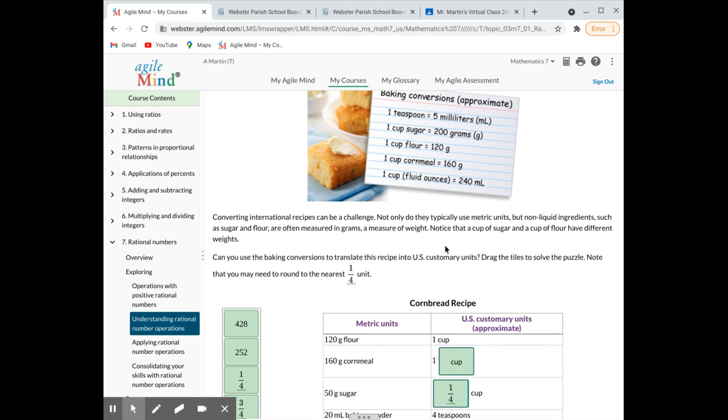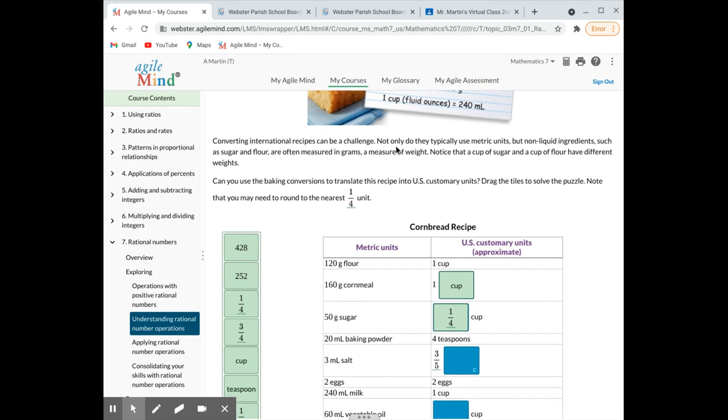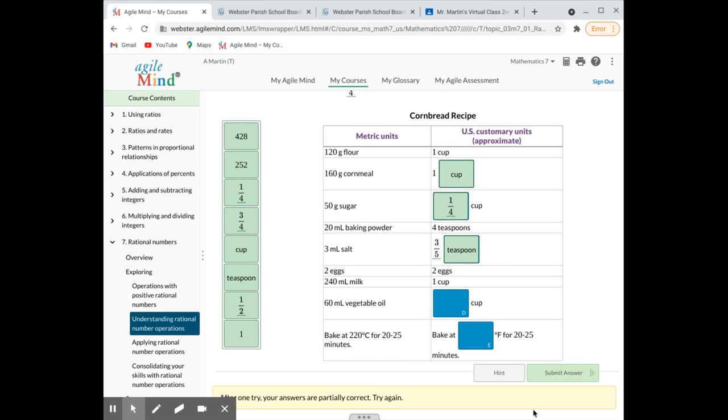Yes, because if this is 5 milliliters and it becomes 3 milliliters, then that 1 teaspoon would be 1 times the 3/5. Let's check it. Yep, everything's looking good so far.